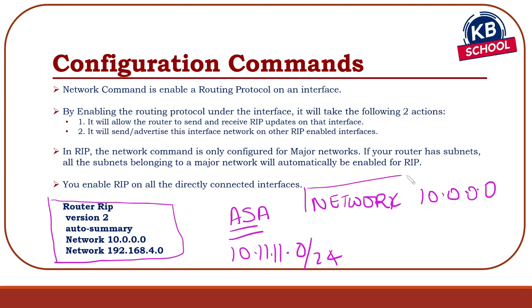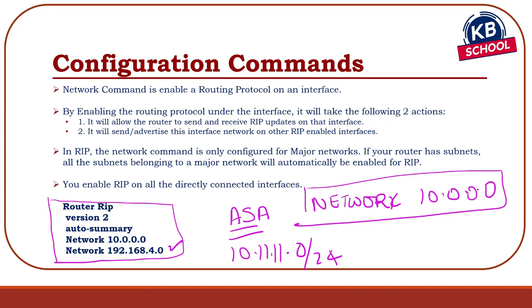I need to enable it on the major network 10. That means all subnets of 10 will be enabled by default. This is a major network, 192.168.4.0, so I'm enabling it on that as well. Those are the basic configuration commands for RIP, and as you can see, it's exactly the same on a router and on the ASA firewall. They're identical to each other.